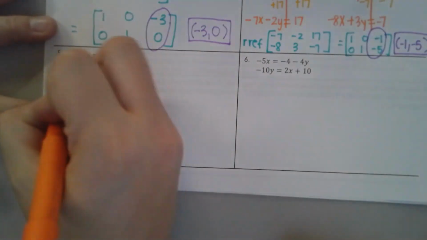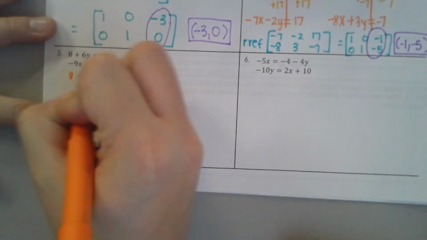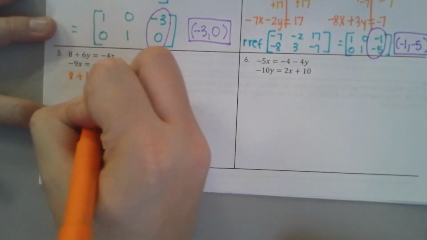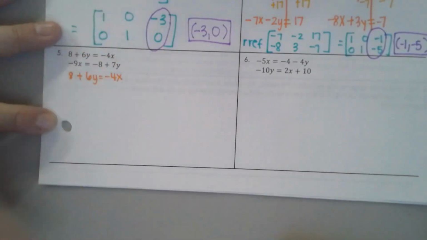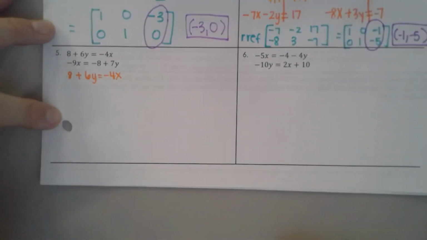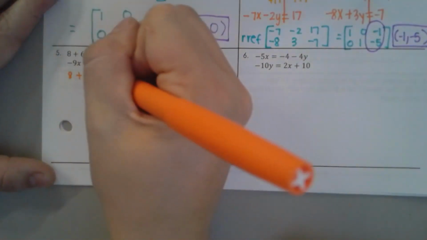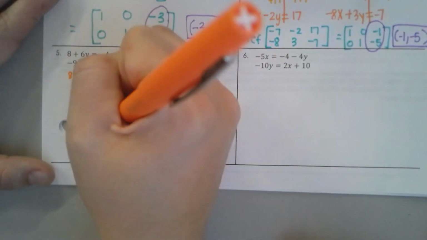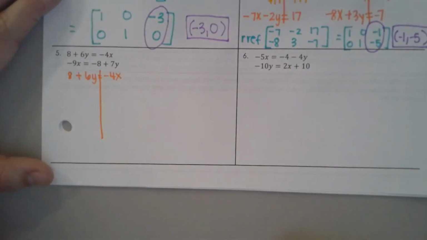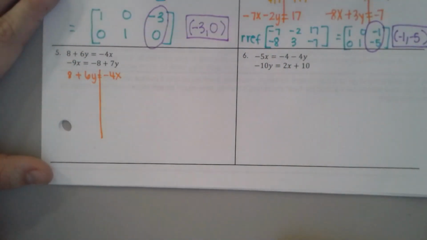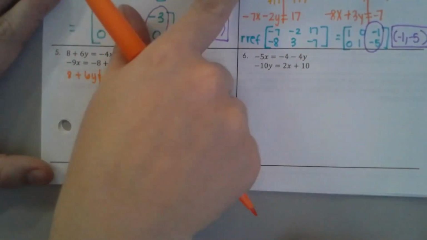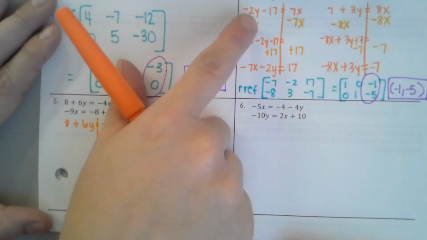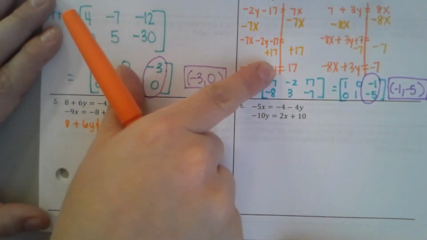We have 8 plus 6y equals -4x. We have to move the terms around. So you don't actually have to write all the steps.